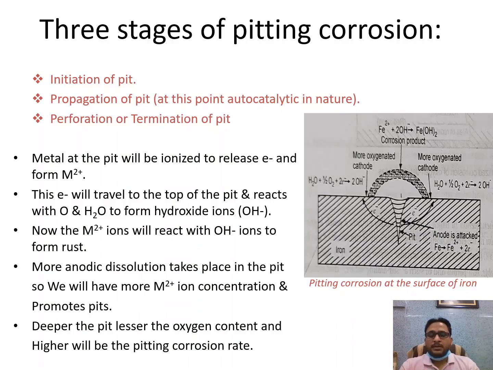They travel towards the upper side where oxygen is available in surplus. Oxygen takes those electrons to form O2 negative, and in the presence of moisture the ultimate product is hydroxide ion. Then that hydroxide ion reacts with the positive metal ion to form metal hydroxide. In this way the metal undergoes deterioration and pure metal starts converting into hydroxide and then to oxide.